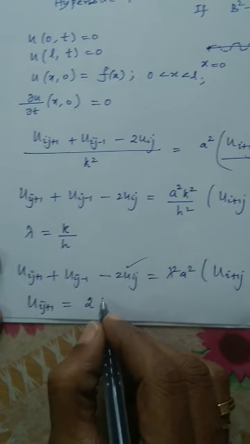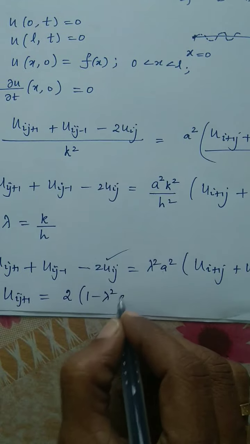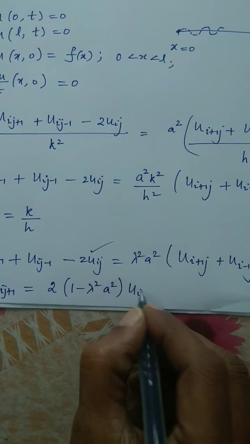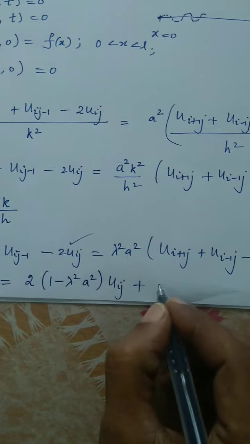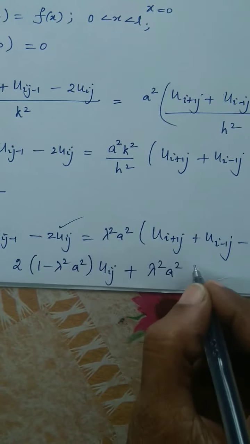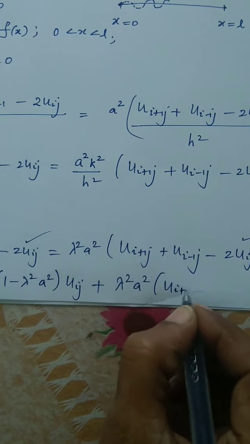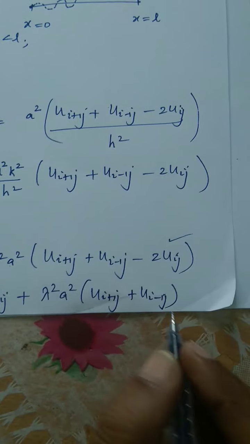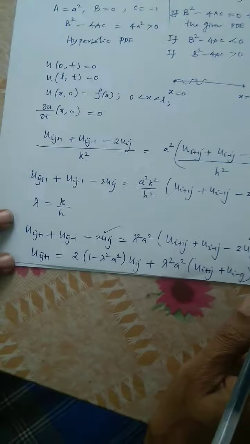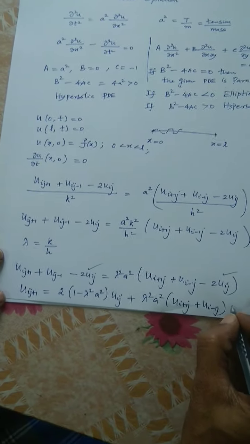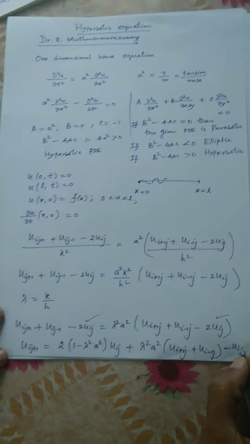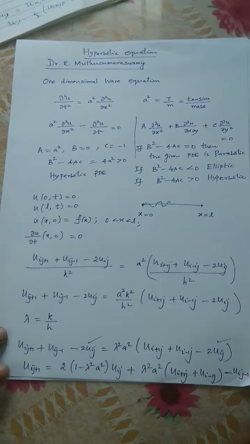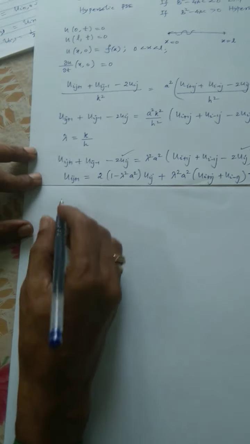So 2 times (1 minus lambda square a square) u(i, j) plus lambda square a square u(i+1, j) plus u(i-1, j), and this term I am going to take to the right hand side. So minus u(i, j-1). Okay, let us take this equation, the continuation of this.